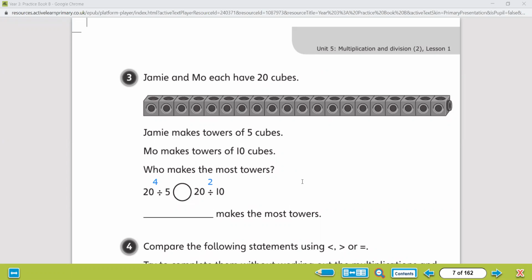Putting the numbers there, I can see quite clearly which is the biggest number of towers. So I can now say 4 is greater than 2. So Jamie, because he makes them in groups of 5, will have 4 towers, and Mo will only have 2 towers.